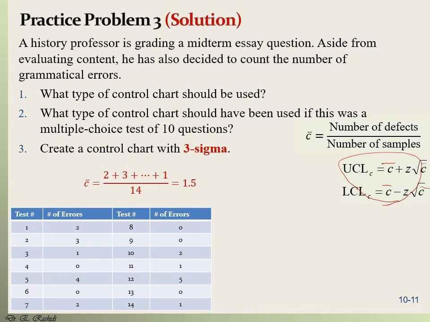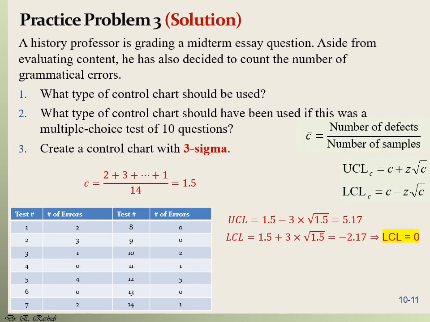If you plug in the value for C bar in this formula, we get the upper control limit as 5.17 and the lower control limit as negative 2.17. Since we cannot have a negative number of errors, we truncate it to 0. So the lower control limit is not negative 2.17, but 0, because that's the lowest possible number of errors.